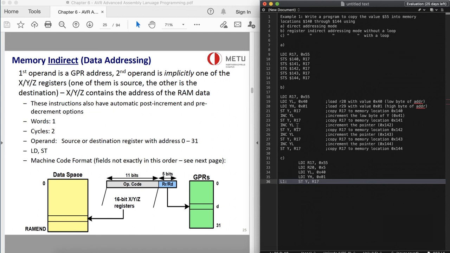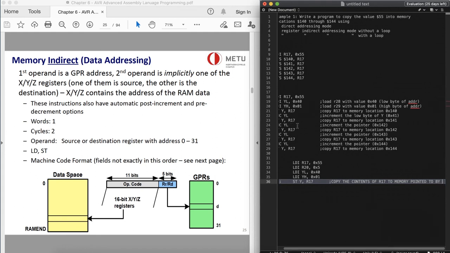So we copy the contents of R17 to the memory pointed by Y. So let's write this as a comment: copy the contents of R17 to memory pointed to by Y.